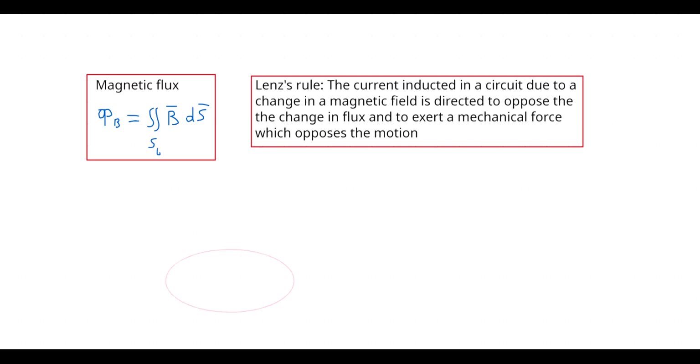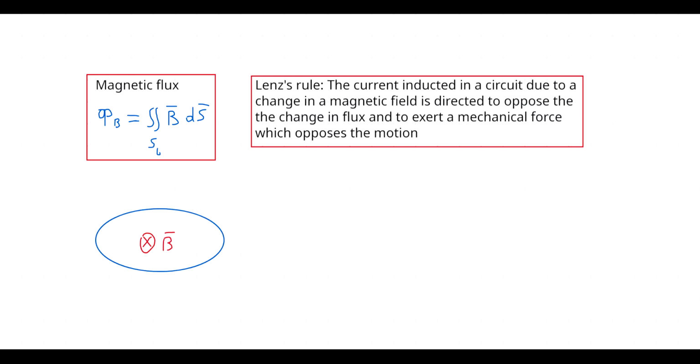If we have some closed circuit, for example this one, and there is a magnetic field B through this circuit, let's have a look at the situation when the absolute value of this magnetic field decreases.